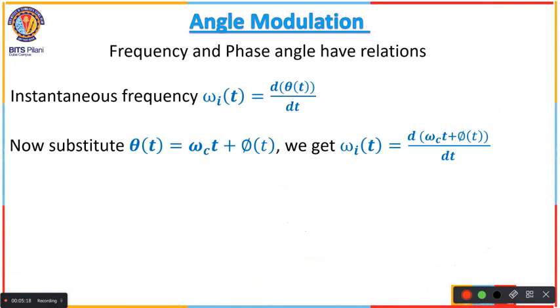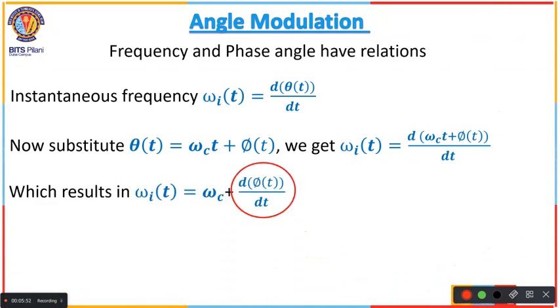Now, after differentiating this, can you tell me what you will get? It is d by dt of omega ct plus d by dt of phi of t, yes or no? So what is d by dt of omega ct? Omega c, since omega c is constant, correct? So you will get instantaneous frequency is equal to omega c plus d phi of t by dt.